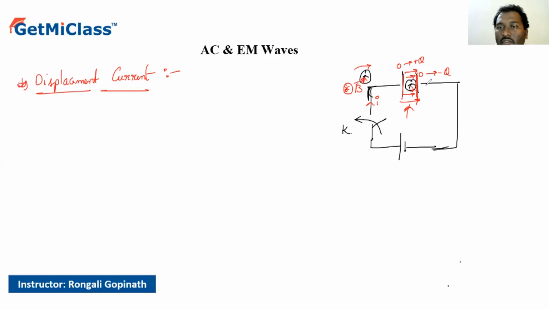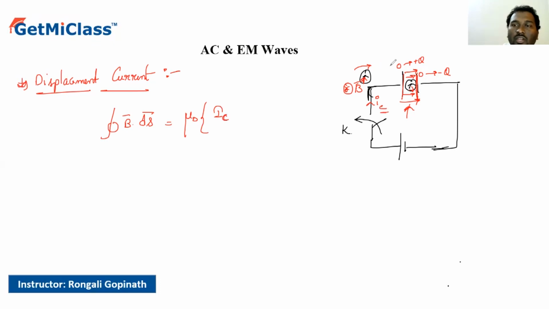So we have a corrected Ampere circuital law, corrected by Maxwell, and that is integral of B bar dot dl bar is mu naught times the conduction current plus displacement current. The conduction current is the current which is actually flowing through the wire.